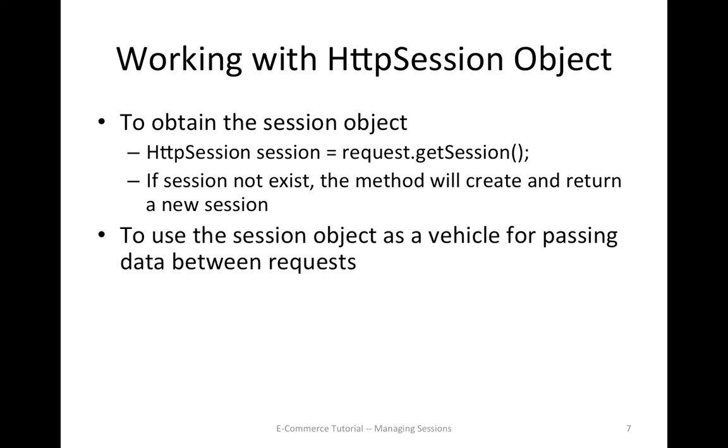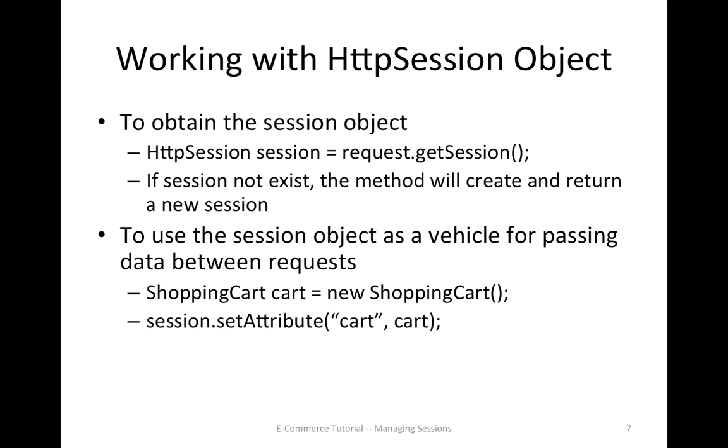In order to use this session object as a vehicle to pass data between requests, we can use the following code. For example, ShoppingCart cart equals new ShoppingCart, then session.setAttribute cart.